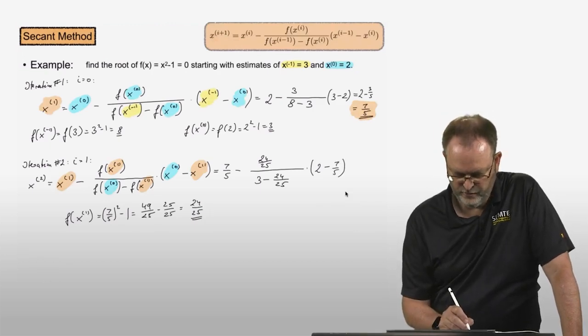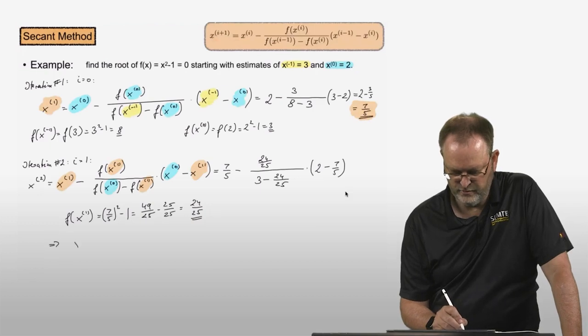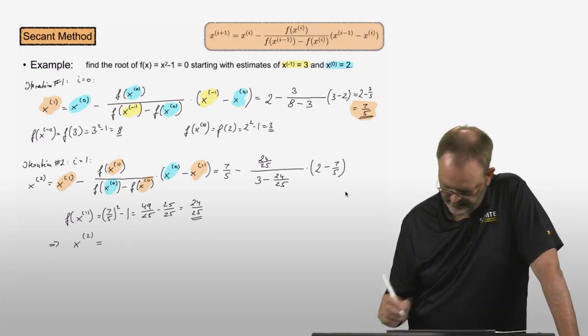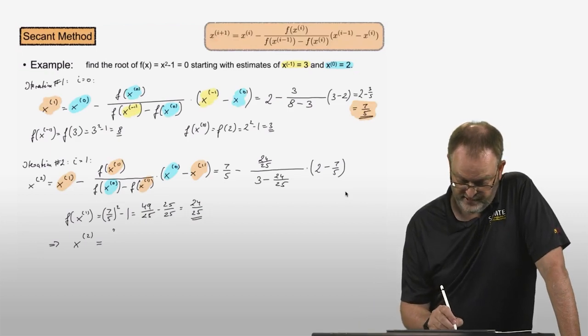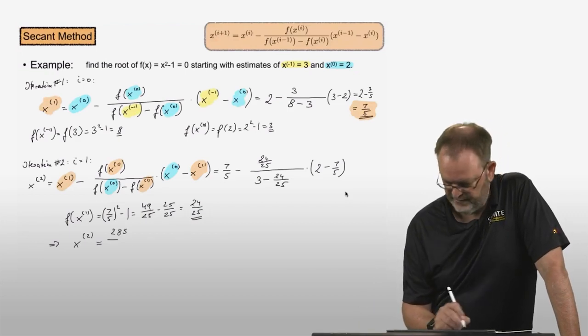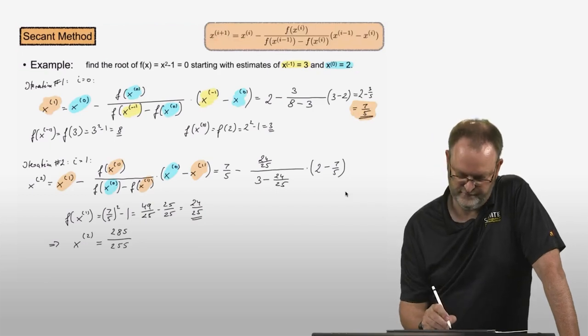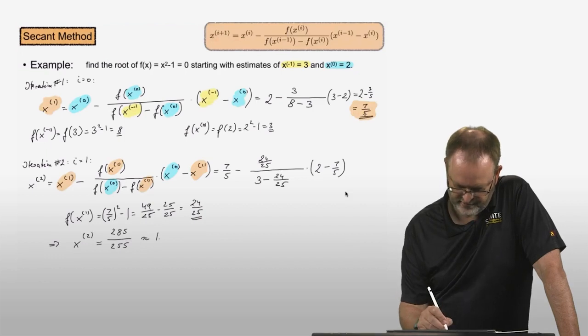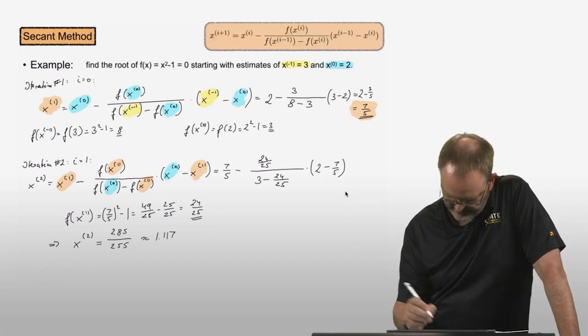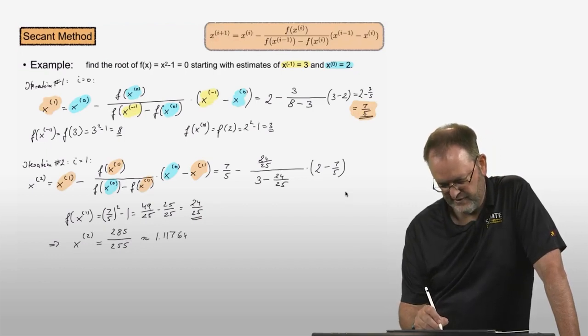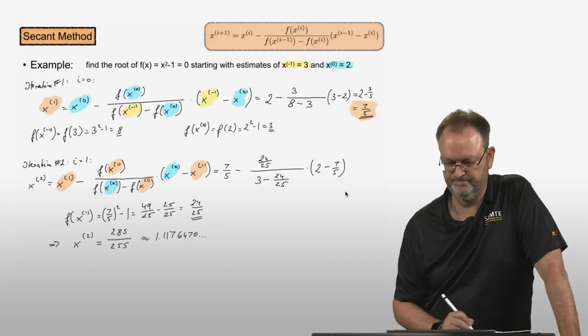Okay, so if you plug all of these values in, you will find that x2 is equal to 285 divided by 255, or 1.1176470, and so on.